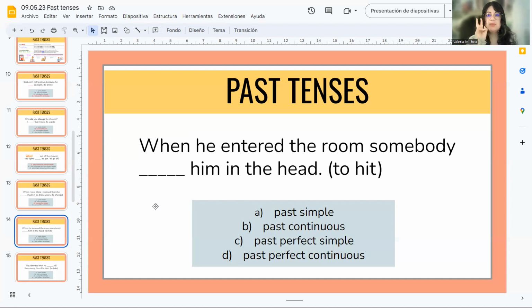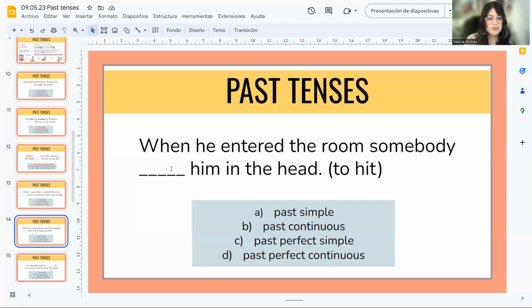We have two actions, but those two actions are short. All right.